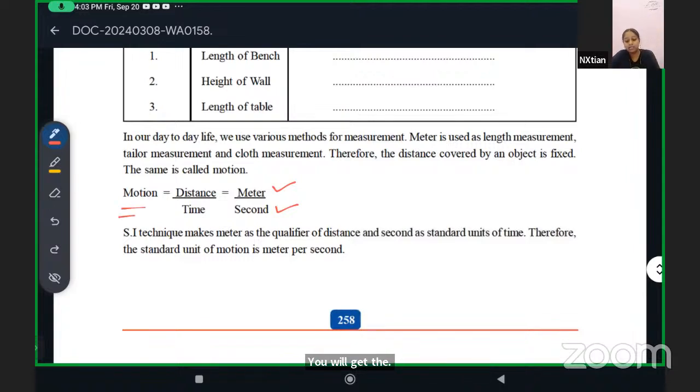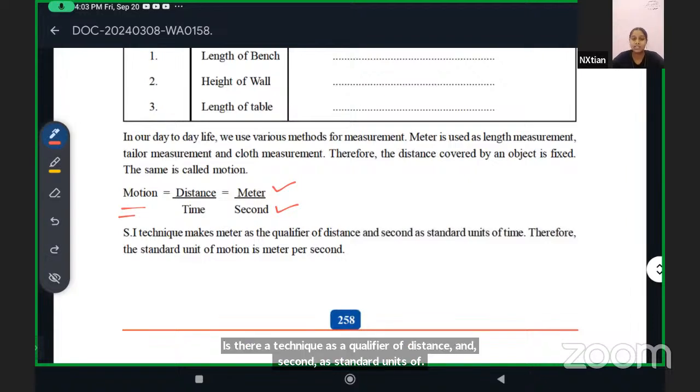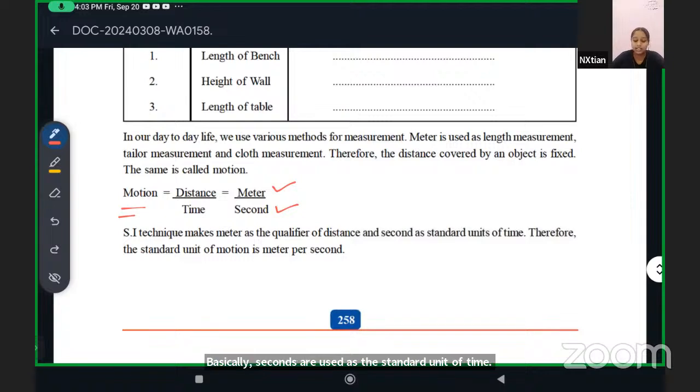The SI system makes meter the standard unit of distance and second the standard unit of time. Basically, seconds are used as the standard unit of time. According to this standard, therefore, the standard unit of motion is meter per second. Have you heard about it?